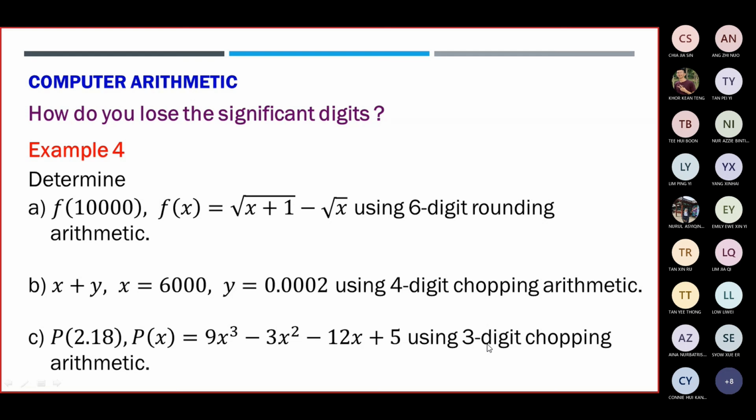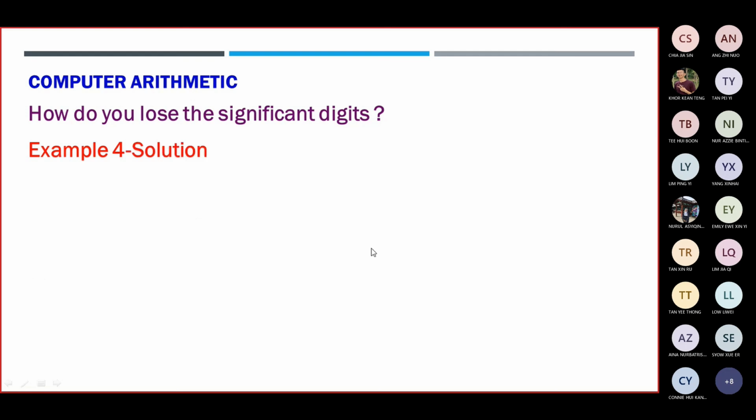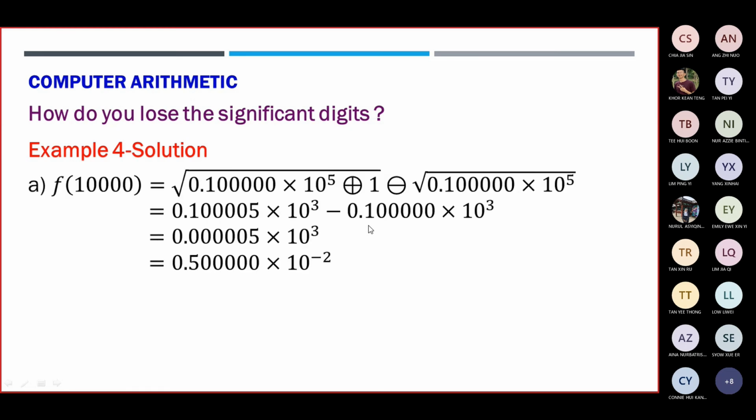Okay, now we execute the first one. You look at that value. So now you attempt to get the solution using computer arithmetic or machine arithmetic. So we substitute those values into the function, plus 1. Remember, as I said earlier, first you need to change into the NDF form.